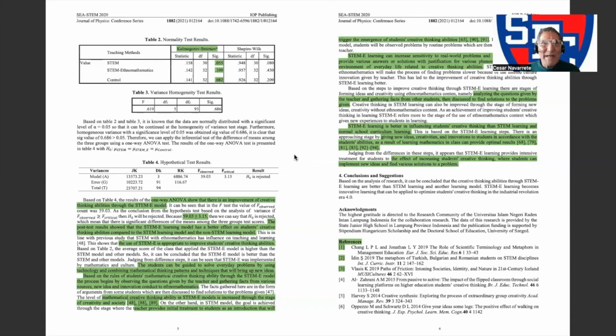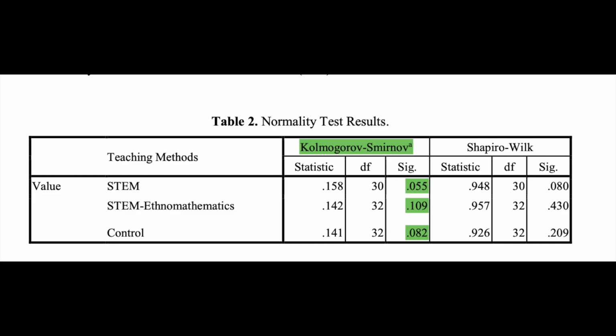When we look at the normality test results in table 2, we see that they show the Kolmogorov-Smirnov test and the Shapiro-Wilk test, and those are duplicate tests, and therefore you can choose which one you want to run. I will only concentrate on one for my purposes.